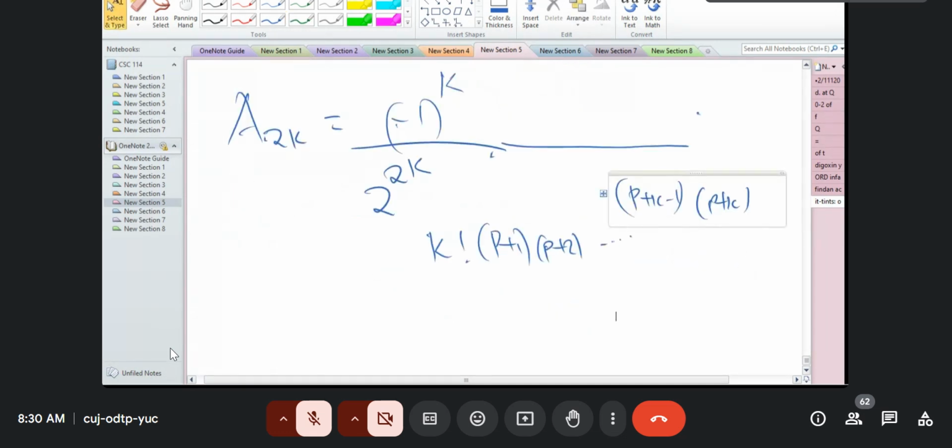So we have this times 1 over 2 raised to p times p factorial.